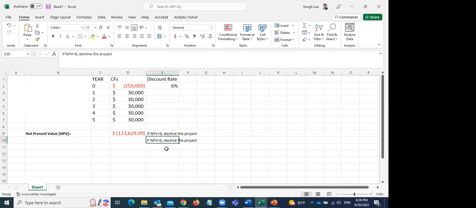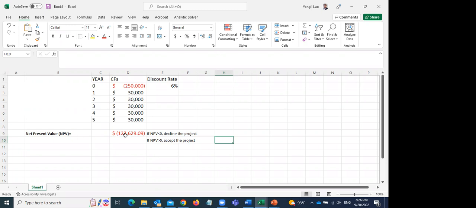And if the net present value is positive, you accept the project. This is how easy it is to decide whether to accept or decline the project: just see if the value is positive or negative.